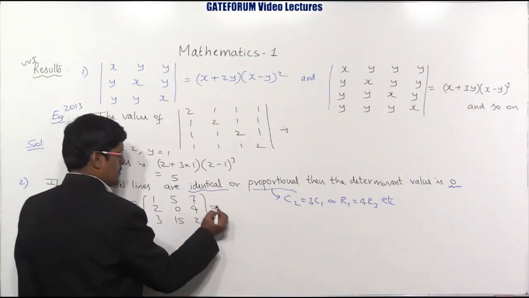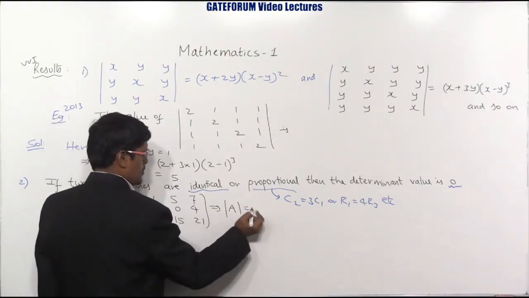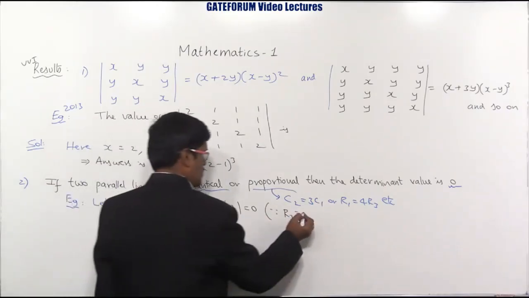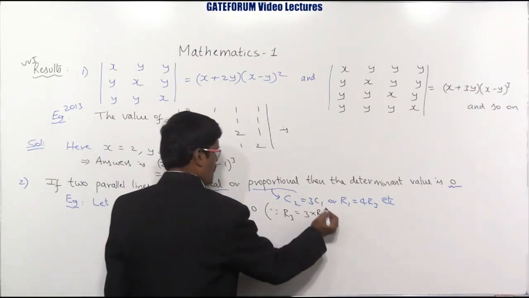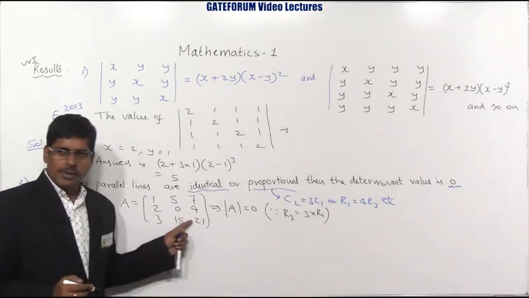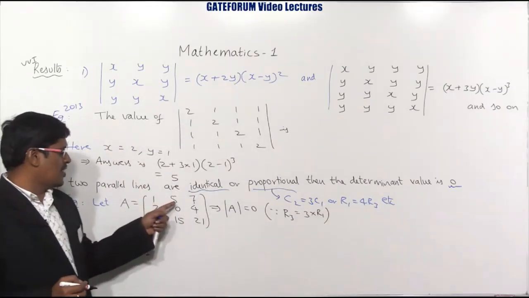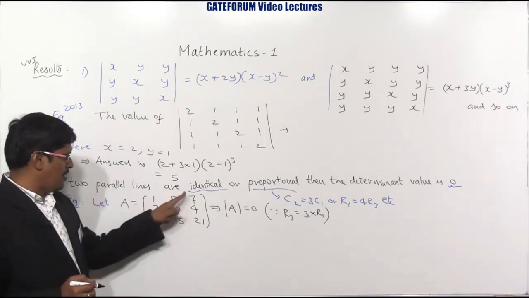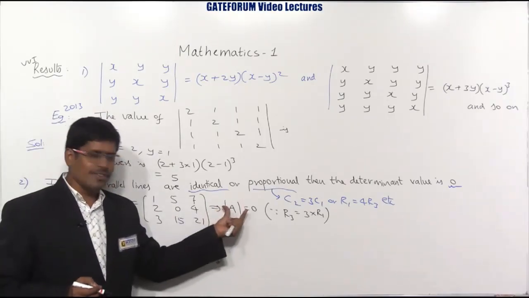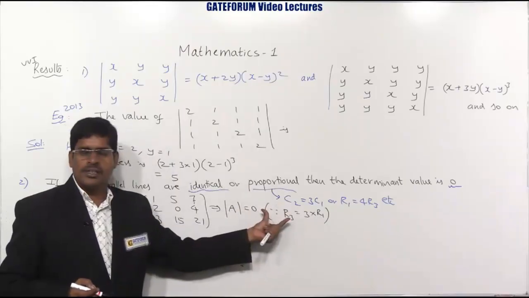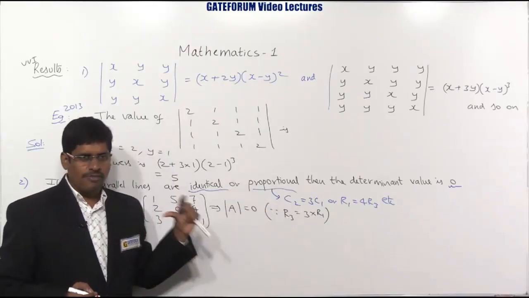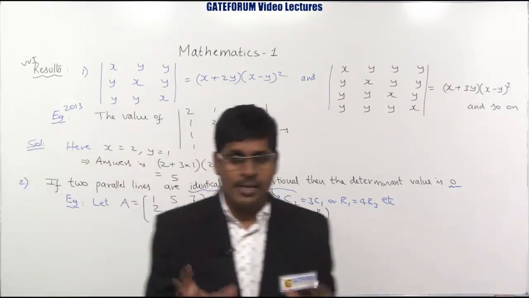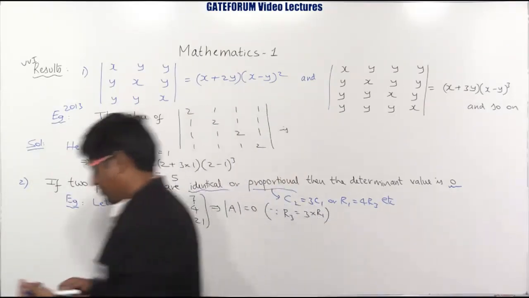So in this, determinant of A is equal to 0 since the third row is equal to 3 times the first row elements. Each element of the third row is obtained by 3 times the corresponding elements of the first row. So 3 into 1, 3 into 5, 3 into 7. In that case, you are saving the time or not? If you remember these properties, these results thoroughly, then you can save the time. Okay.